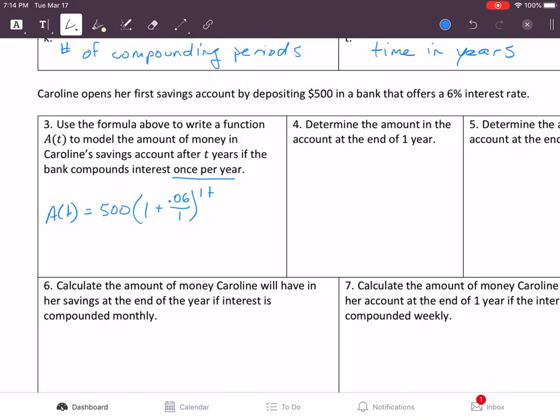Okay, now number 4, we're going to actually figure out what it is after 1 year. So we have A of T equals 500. All right, and then 1 plus 0.06. And then for 1 year, K is 1, T is 1, so it's just going to be 1. So to figure this out, we're going to go to our calculator.